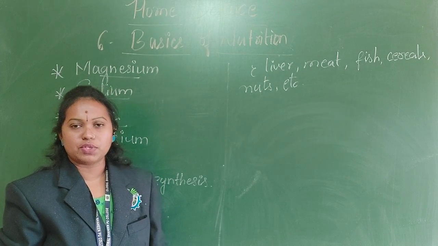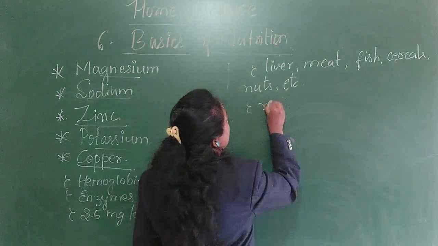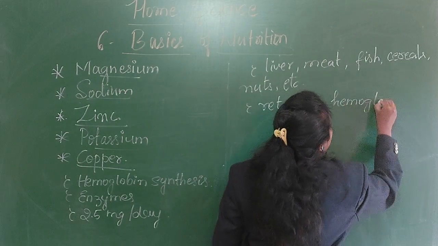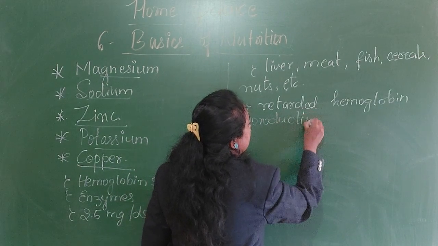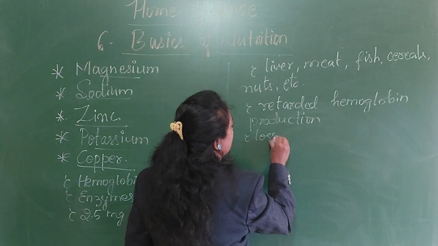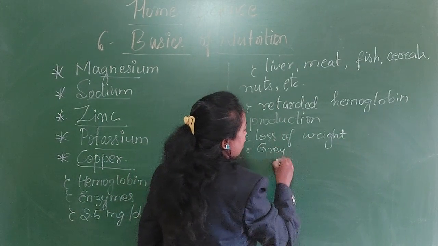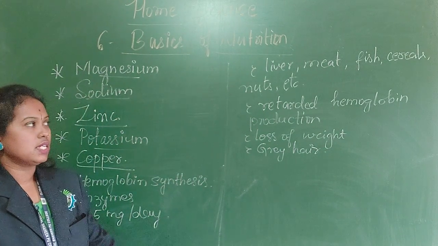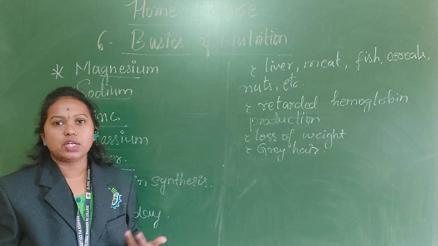When coming to the deficiency symptoms, there is retarded hemoglobin production, loss of weight, and grey hair: the hair will turn grey in color.